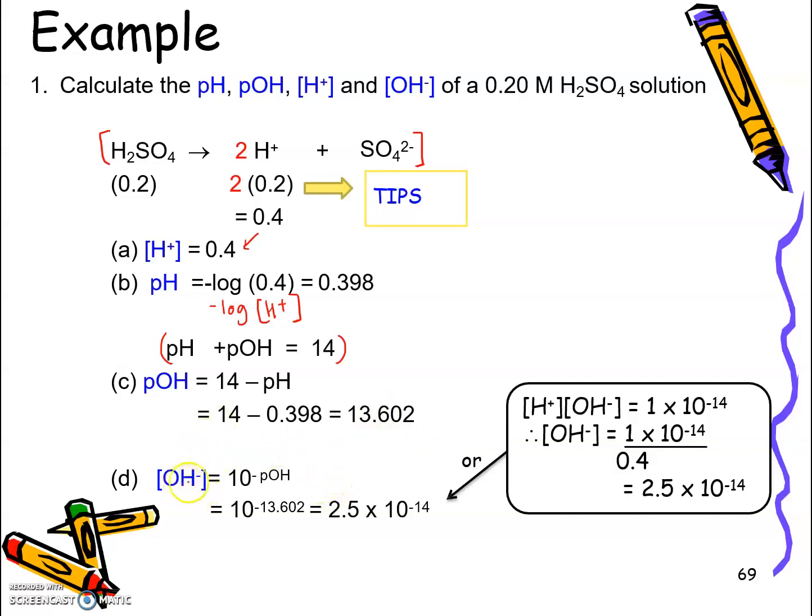Next, calculate the concentration of hydroxide: shift log minus pOH. So 10 to the power of minus the pOH value, you will get 2.5 times 10 to the power of -14.